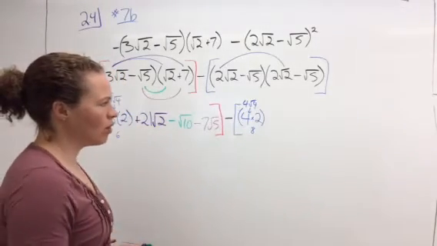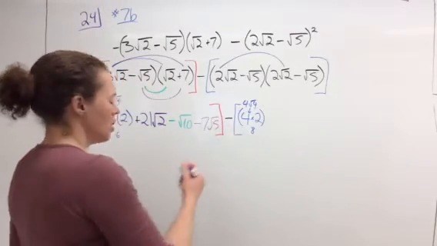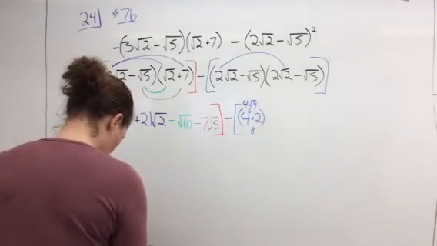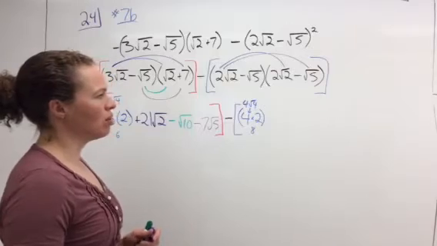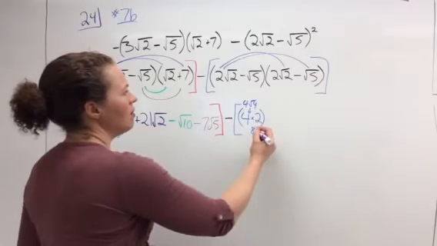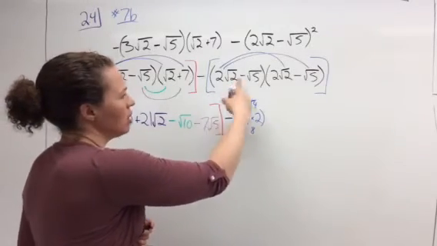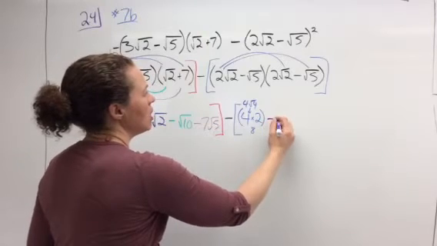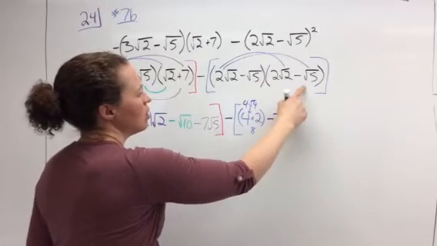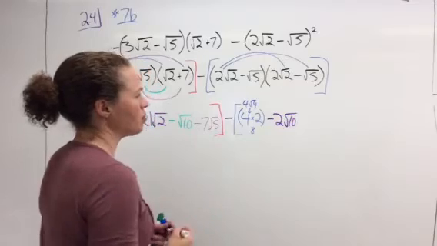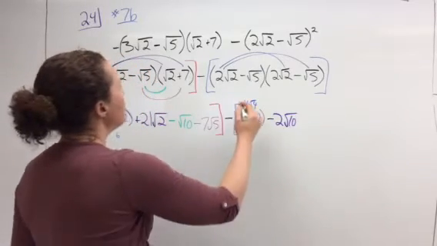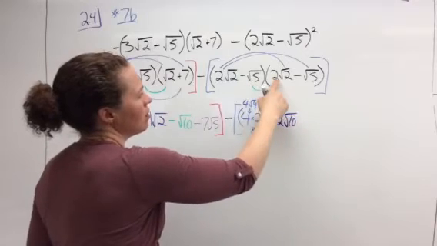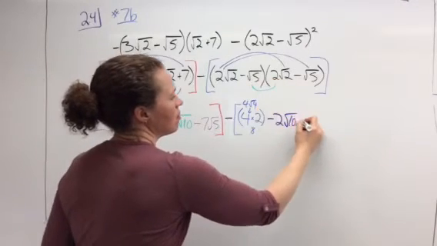So going forward, I'm just solving that out as I go. Next, I've got my outside term, so 2 times negative root 5. Don't forget the root 2 here. So I'm going to go negative 2 root 10, inside negative 2 root 10.